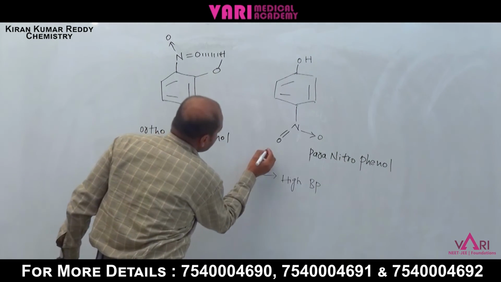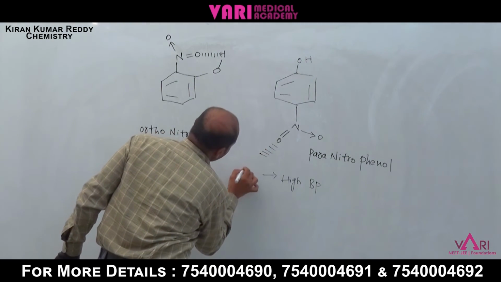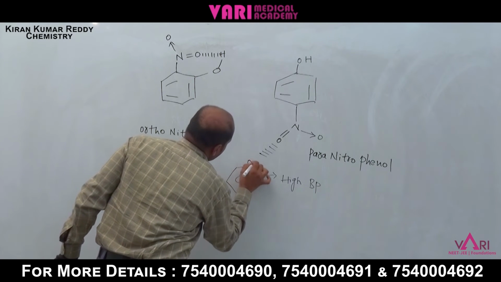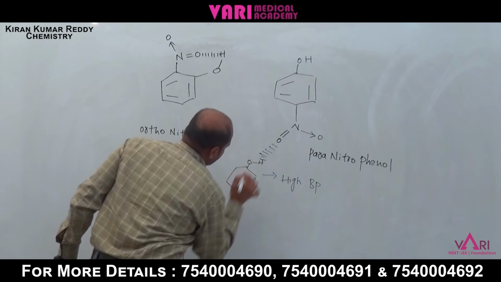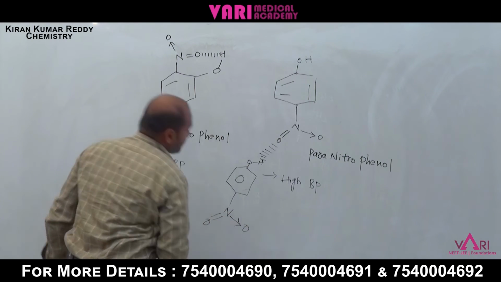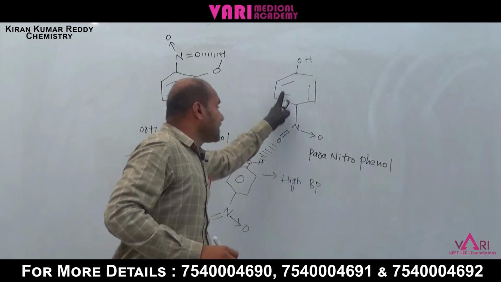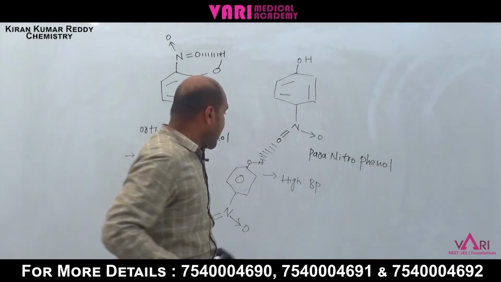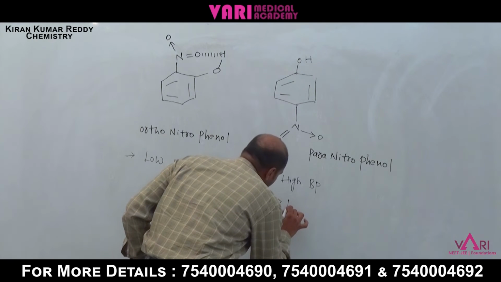If you take this one again, here is the nitro group. This one is involved in intermolecular hydrogen bonding. That's why it has a high boiling point and is less volatile.